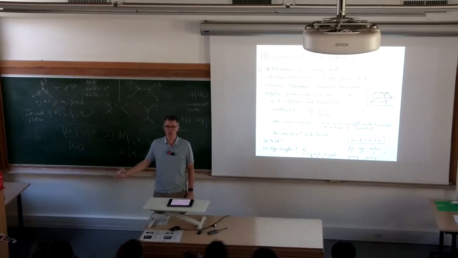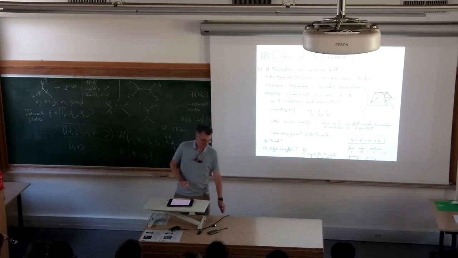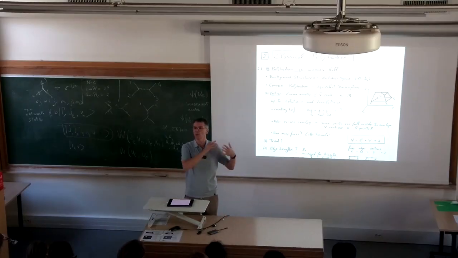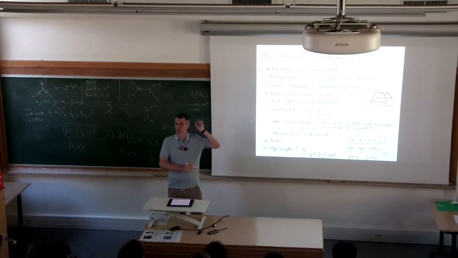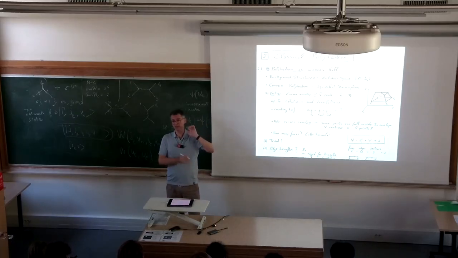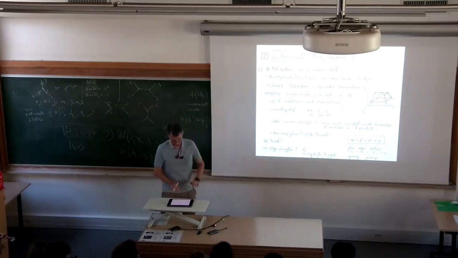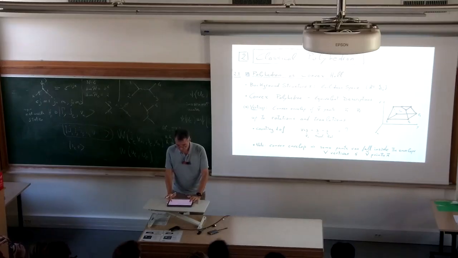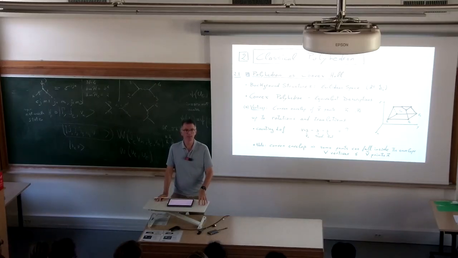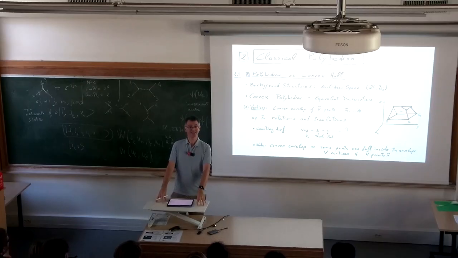So I do classical geometry. I do polyhedra. The message is, if you take this thing and you quantize it, you get what I was describing before. So I have to tell you first about the classical thing. I could do first the tetrahedron and then the polyhedron, but Carlo has done that.